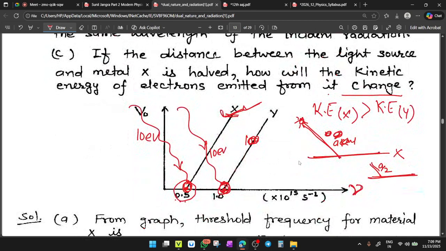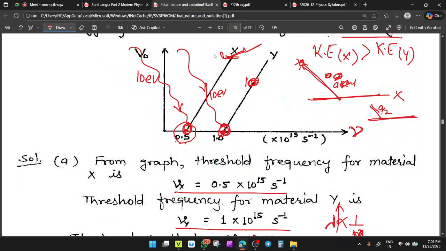Okay. So see, by reducing the distance, there is no impact on the frequency, because frequency is the characteristic of the source. Previously the energy equals h nu, and now also it equals h nu. There is no impact at all on the frequency. Clear?